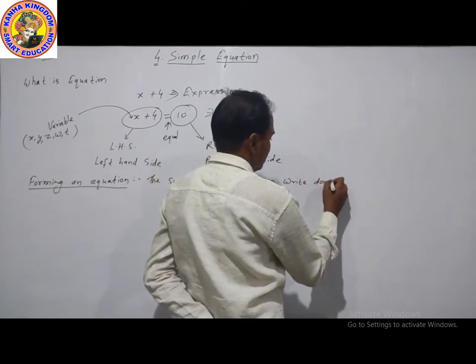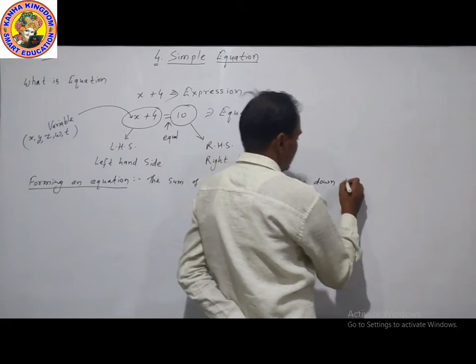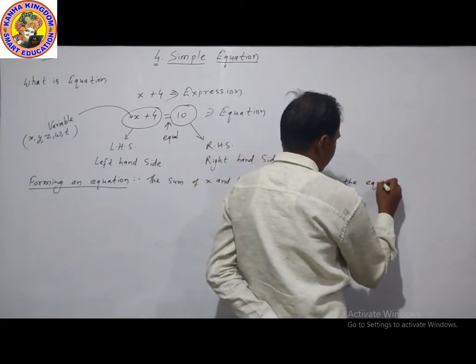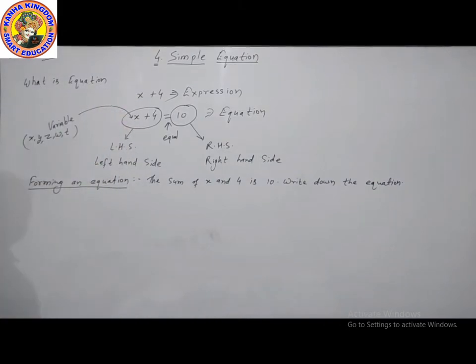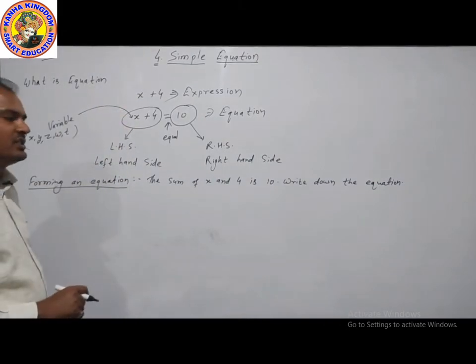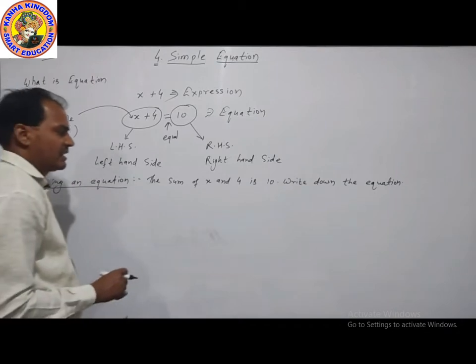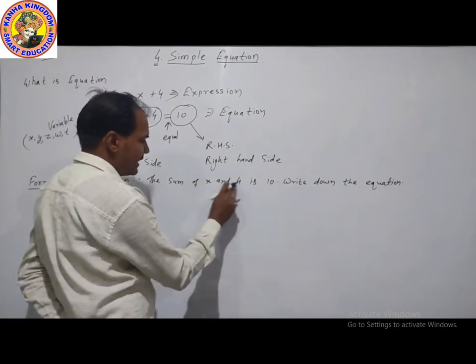Write down the equation. This is our question. The sum of x and 4 is 10. Write down the equation. There are two numbers, x and 4.